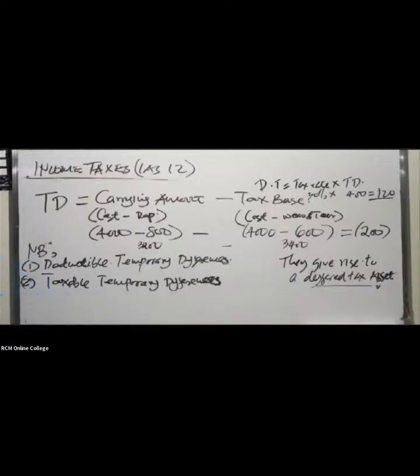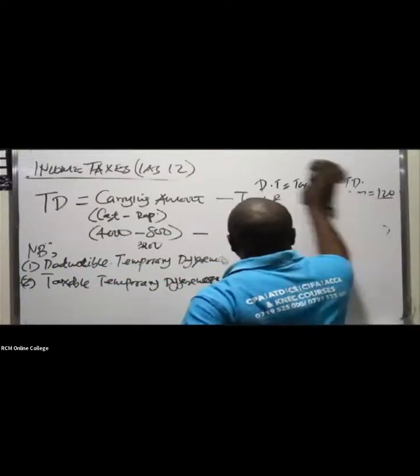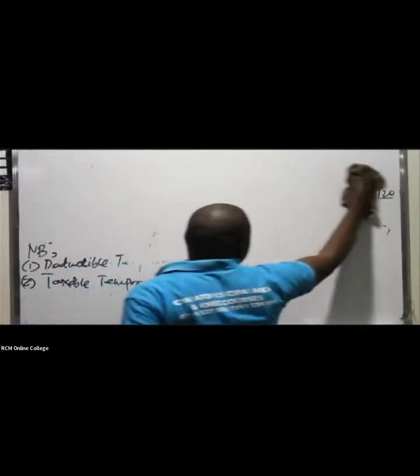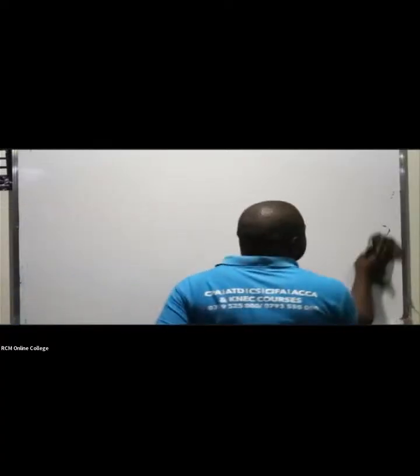So we can now look at a question. I want us to look at a question. You need to open this question. We can start with this one, April 2022, question number 5B. You need to open that question as we take a break of 5 minutes.